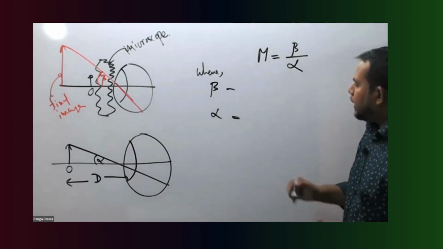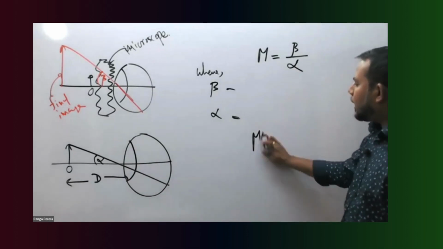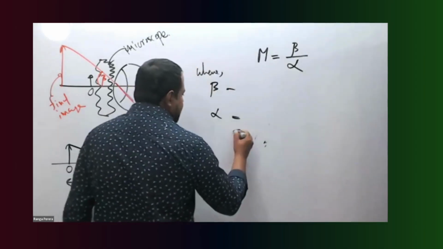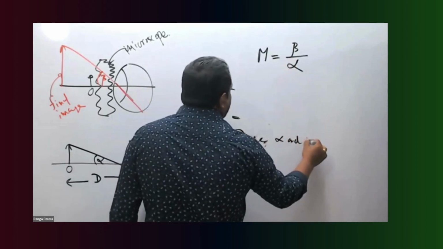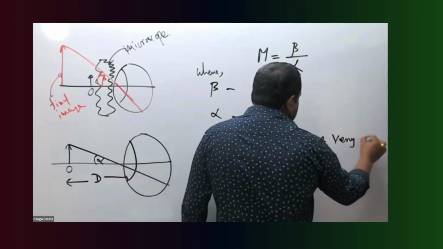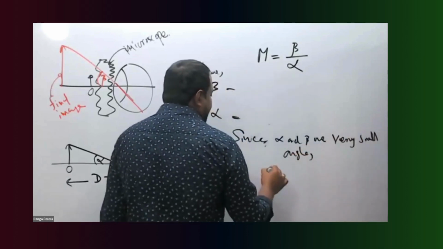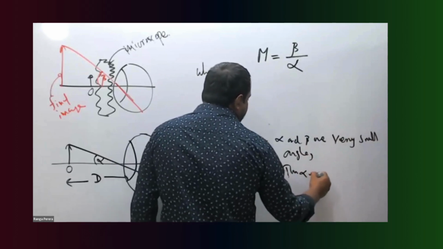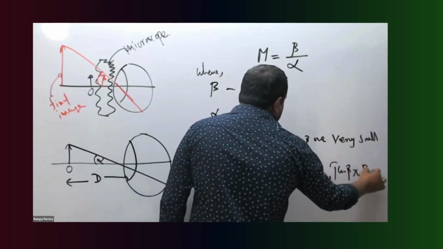For the same point, I wanted to discuss this one also. Since alpha and beta are very small angles, somebody can take tan alpha equal to alpha, tan beta approximately equal to beta.